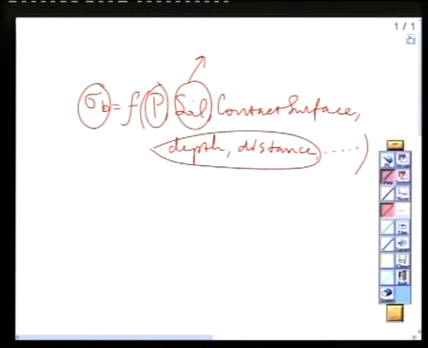And then I will try to fix the contact surface. How to fix it? If I take it like this, for this contact surface I have an equation that has P and depth and distance. For this type of contact surface, I will have so and so.